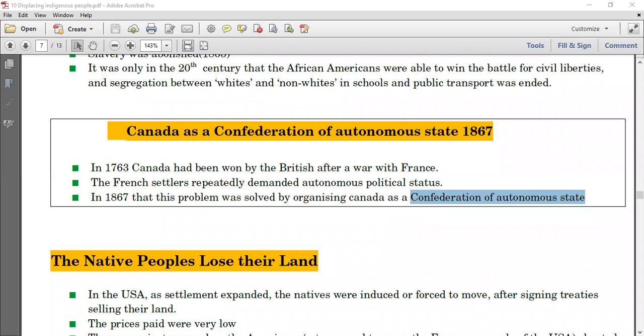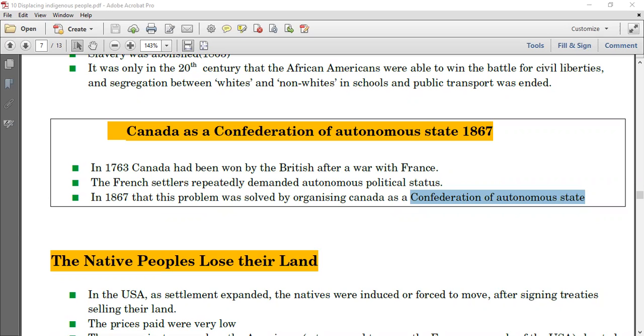A confederation of autonomous states means a union of sovereign states, and the stress is laid on the autonomy of each constituent body, and federation implies a union of states in which the stress is laid on the supremacy of the common government.